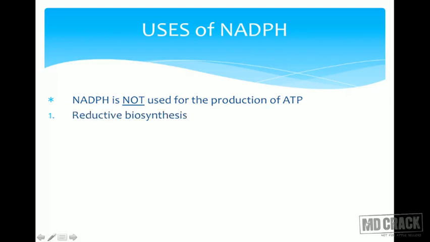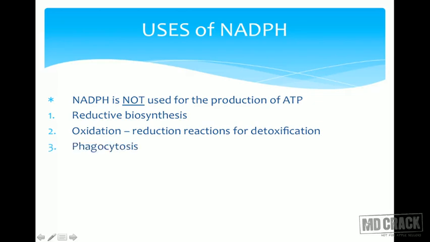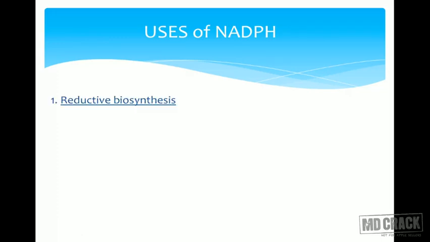So that is the difference which you cannot forget. It is used for reductive biosynthesis, oxidation reduction reactions, for detoxification. It is used for phagocytosis. It is used in the synthesis of nitric oxide. So we'll look at all the different uses of NADPH one by one. Reductive biosynthesis. Which are the reductive biosynthesis?